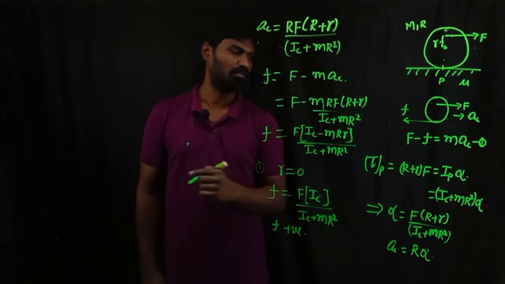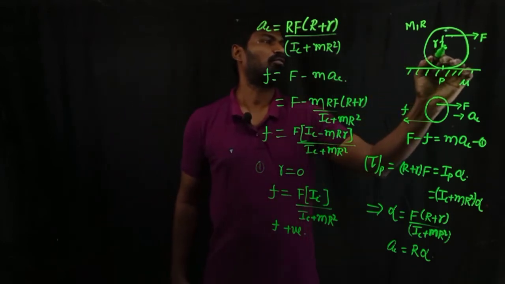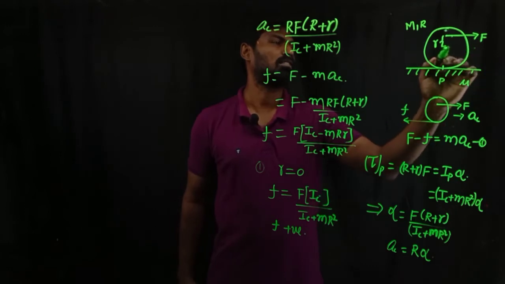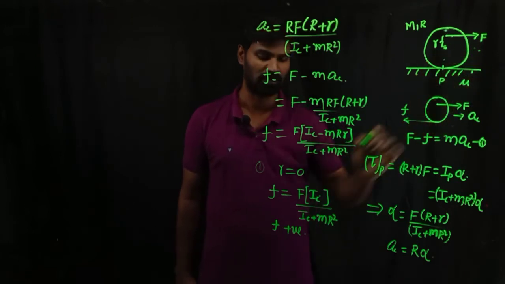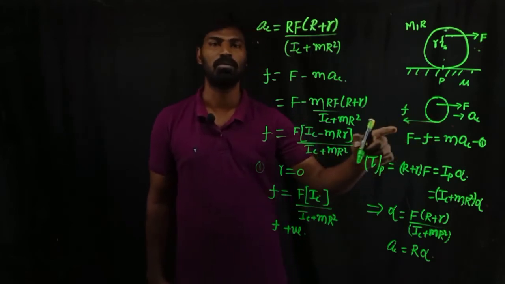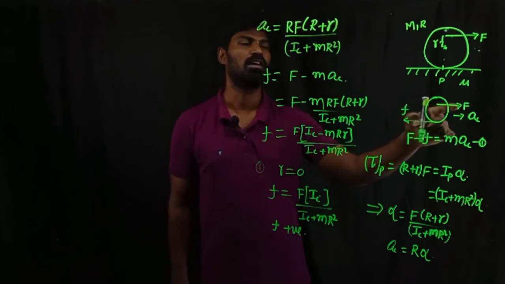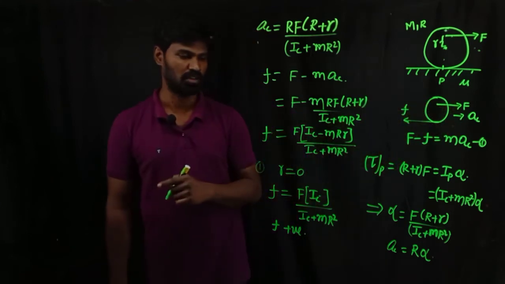So from this we can make a concrete statement. When the line of action of applied force passes through the center of mass, the frictional force acts on the body in which direction? Opposite to the direction of acceleration of center of mass, that is, opposite to the direction of applied force. This is observation number 1.